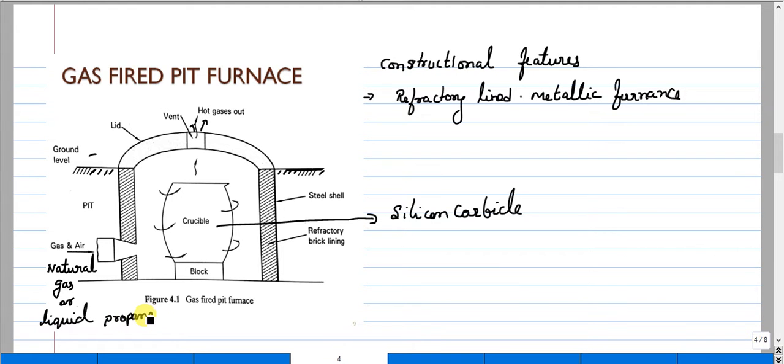This will be the fuel which will be used, and it will be directed at an angle along with air. You can see the flow of fuel directed towards the metallic furnace. So what will happen? This will create a flame which will heat it. So heating will be carried out inside.